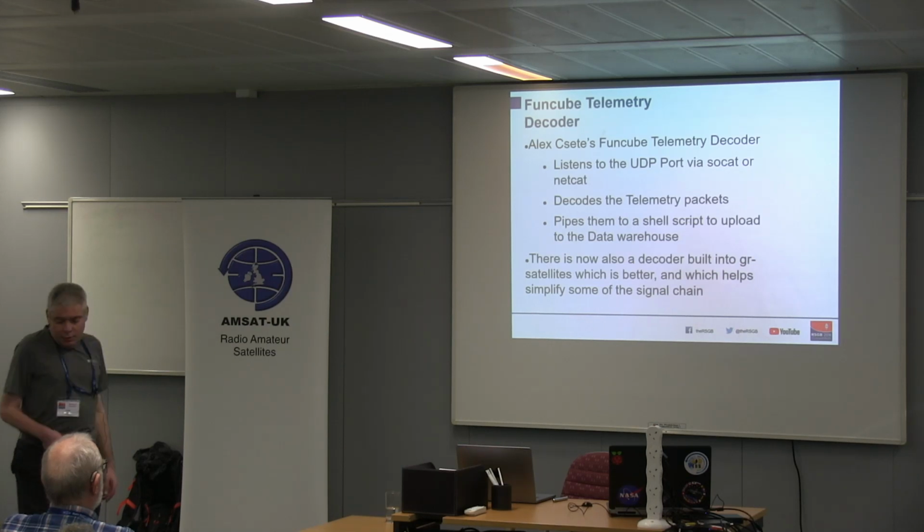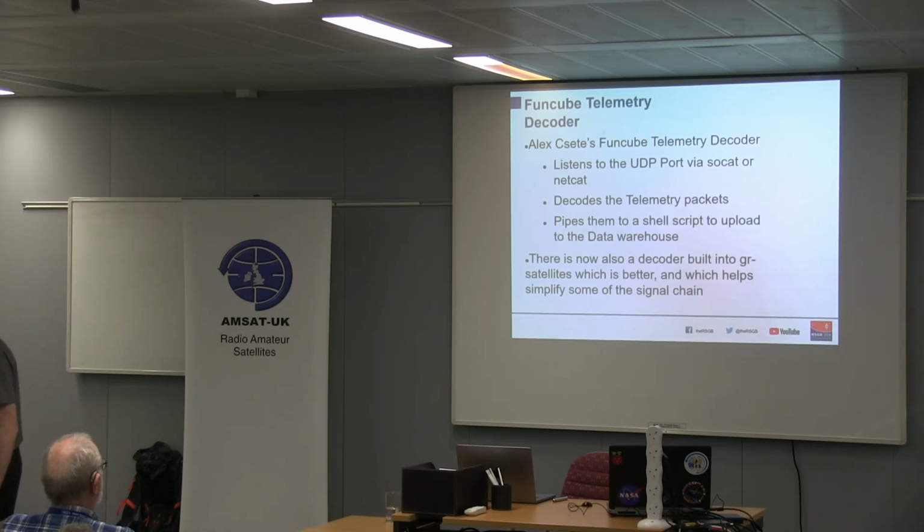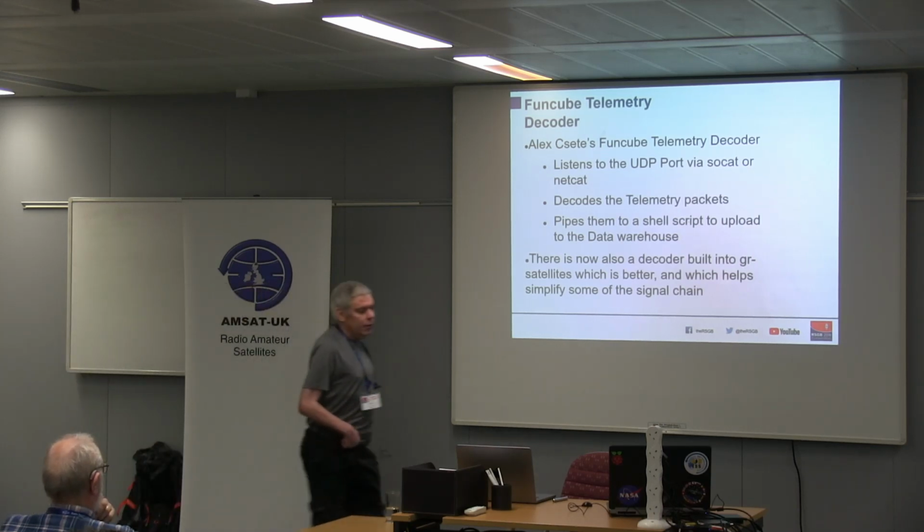There is a newer development here, and part of the slides have been updated. There's a decoder built into GeoSatellites, which is better, and Alex will tell you that himself, which helps simplify some of the signal chain, because you don't have to do all those digital conversions I spoke about.